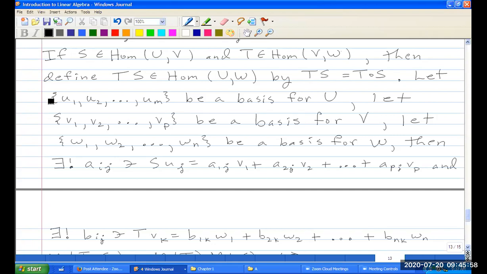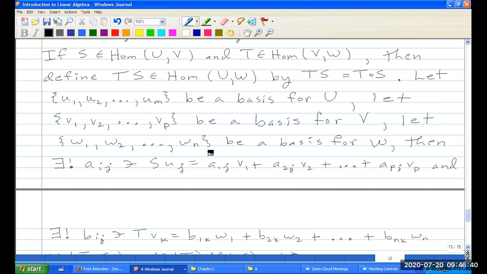So let U1 through UM be a basis for U, V1 through VP be a basis for V, and let W1 through WN be a basis for W. Then there exist unique numbers A sub ij such that S Uj is equal to A1j V1 plus dot dot dot A Pj VP.